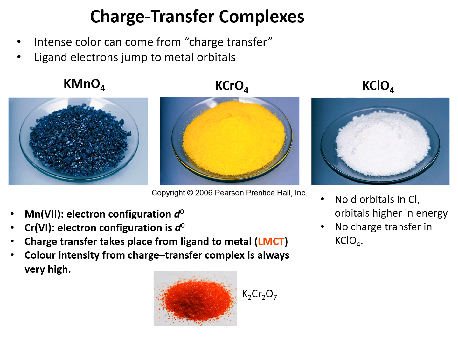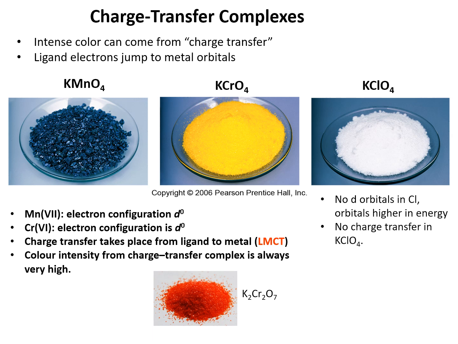In the charge transfer complex, we can see the transfer of charge from one metal to another metal, or to the ligand. For KMnO4 the charge transfer is possible, or for K2CrO4, but KClO4 has no d orbitals on Cl, so it cannot do the charge transfer. That's why it is white in color.